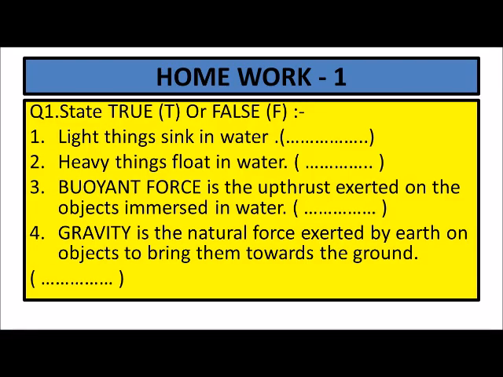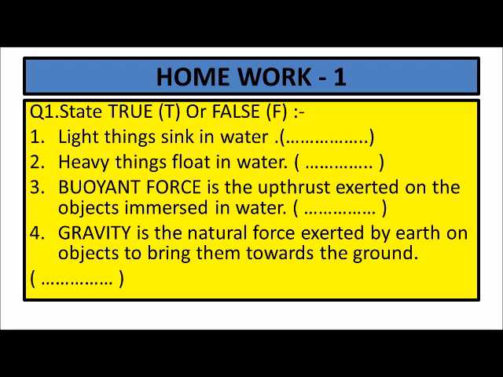Now, we hope that the concept of floating and sinking must be clear to you. So, we have homework 1. Question 1 is straight true or false. You can write T for true and F for false. First part, light things sink in water.